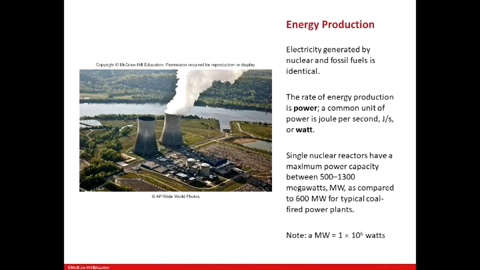You can essentially double the wattage coming out of one plant if you go to nuclear power, with less material. That's what's so important about nuclear, and it's really a good piece of technology. And again, it meets with a lot of precautions, and we're going to show you why some of those precautions are there.